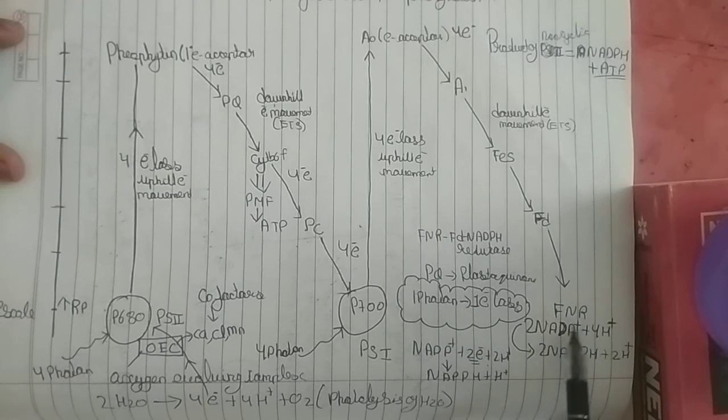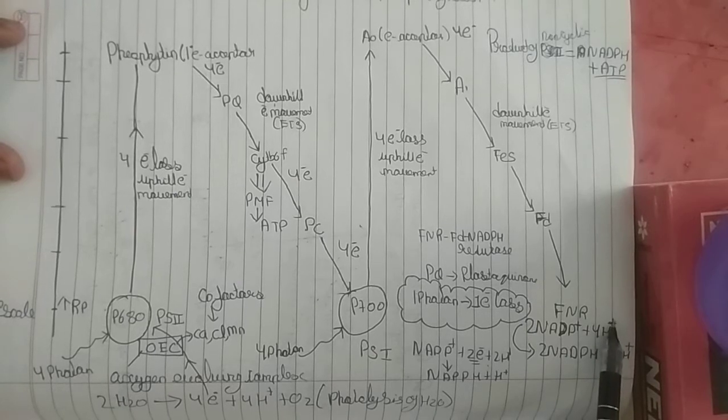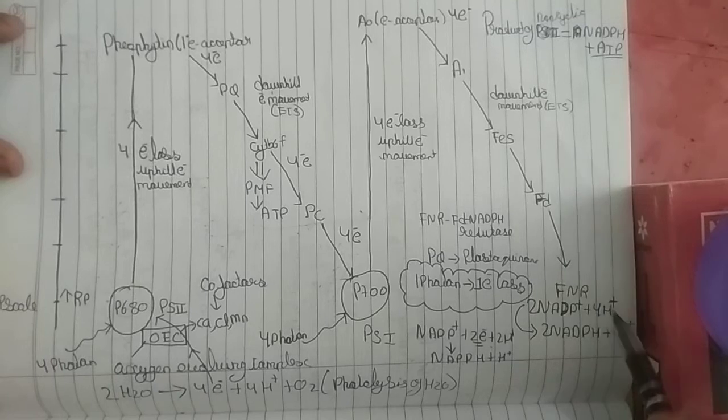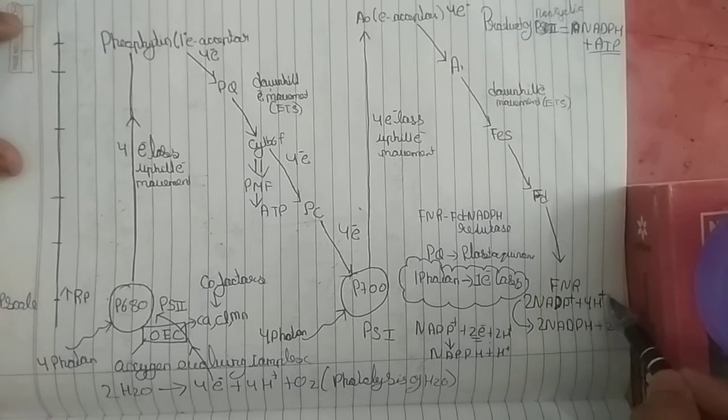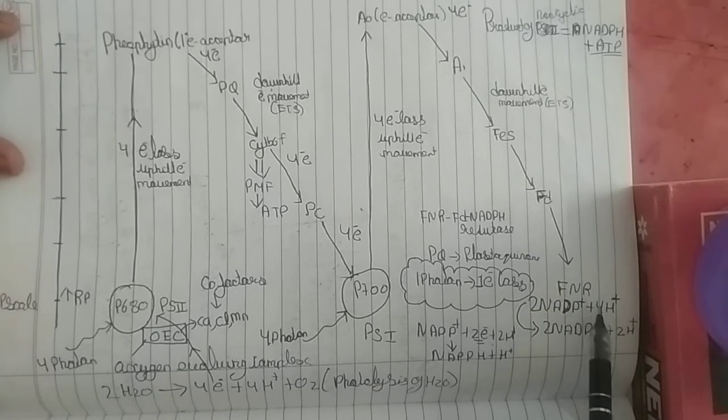Okay, this FNR had 2 NADP+, 4 H+, 4 hydrogen. The pen is not working. So the first one: 2 NADP+ and 4 hydrogen.